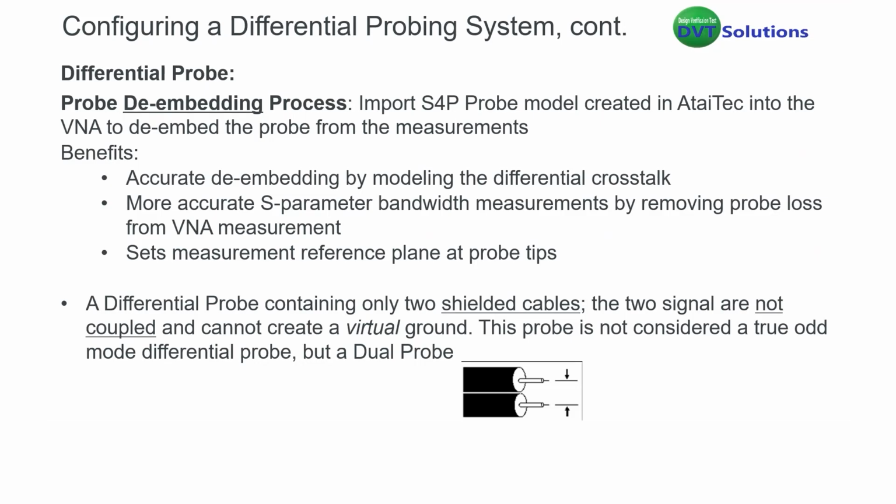In most probes on the marketplace, I believe we're the only company, DVT Solutions, that do have a differential probe, they just use 2 coax cables in a plastic box, and with the shields around the conductors are not coupled. So with that very nature and architecture, it's impossible to create a virtual ground because the conductors are not coupled and they're isolated. So in a sense, these are referred to as dual probes.